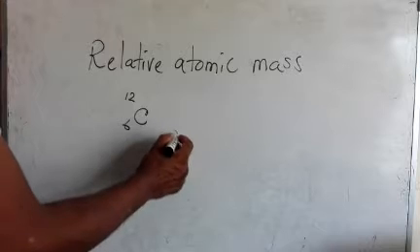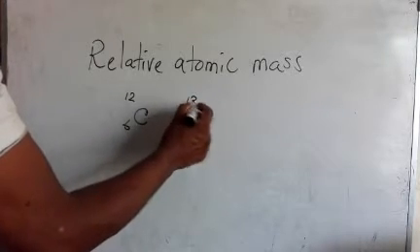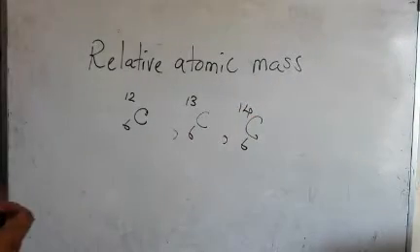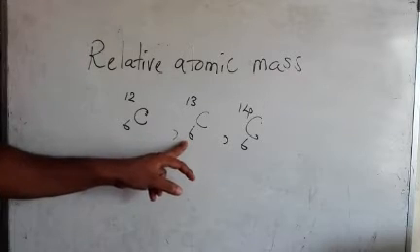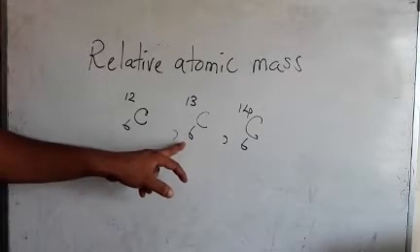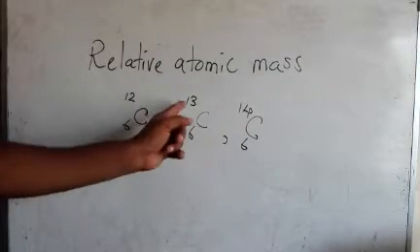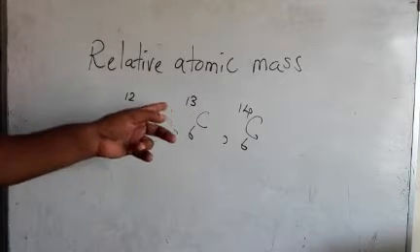But we know carbon has other particles like these. 6 is the proton number, the atomic number. Again the number of protons is 6, here also 6. So it is the same element but with different mass numbers, which means a different number of neutrons.